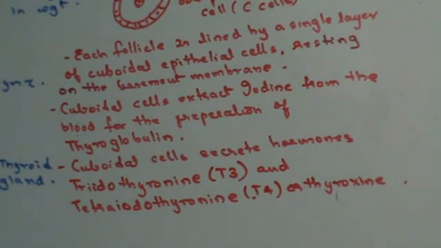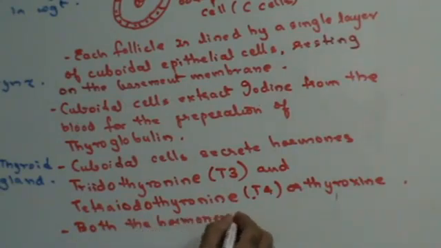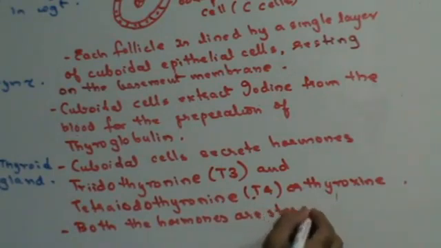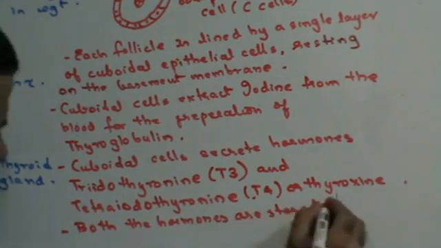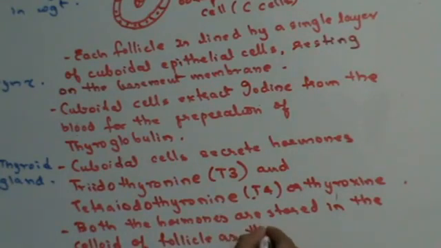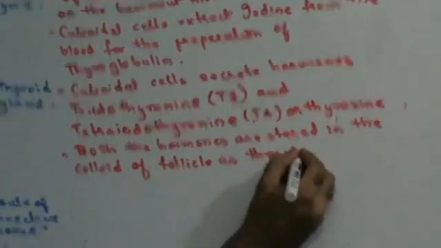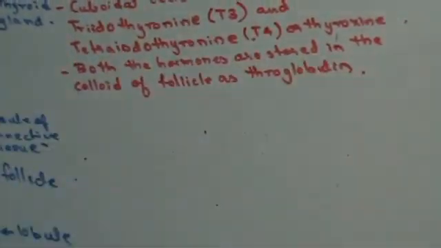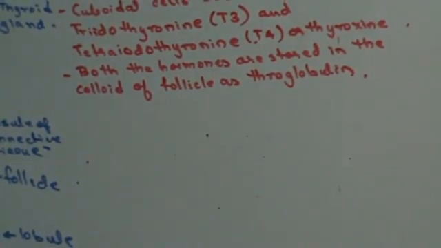Both the hormones are stored in the colloid of the follicle as thyroglobulin. So that's where the hormones are going to be stored.